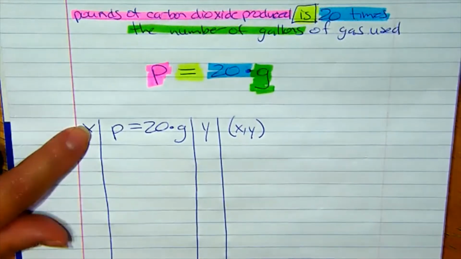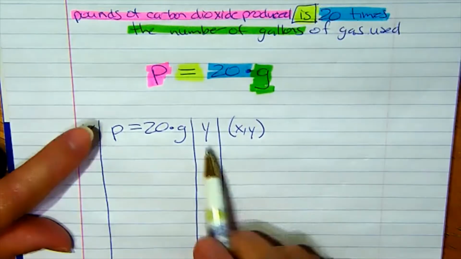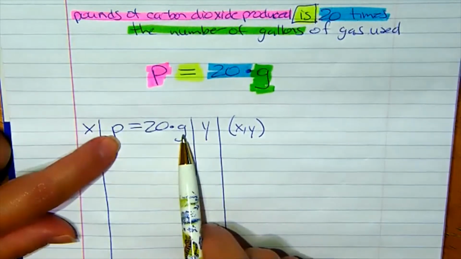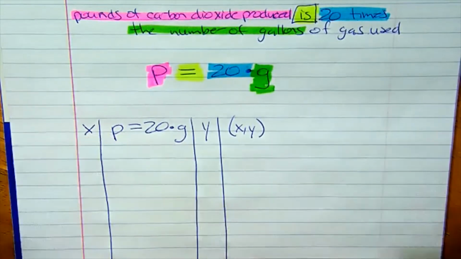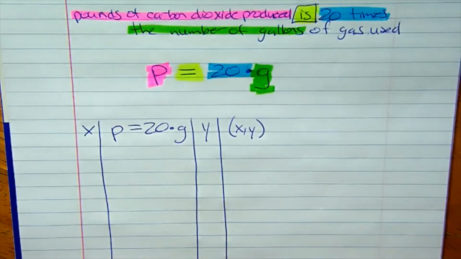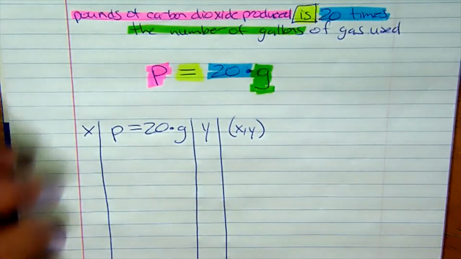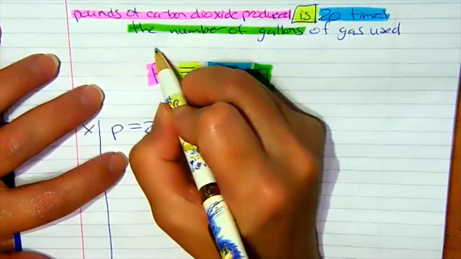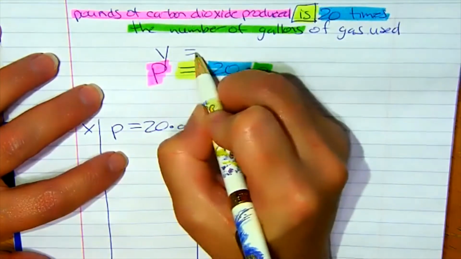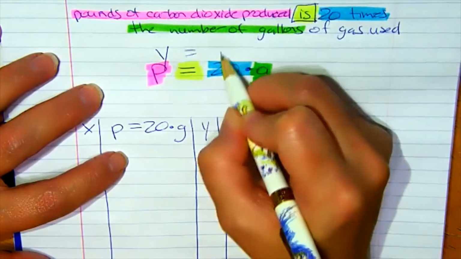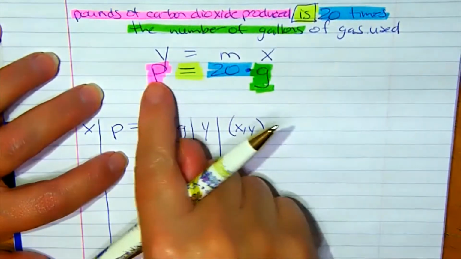Okay, this looks all fine and dandy, except I have X's and Y's, and in here there's P's and G's. Do you guys remember back in chapter 4, we were using linear equation format, y equals mx.